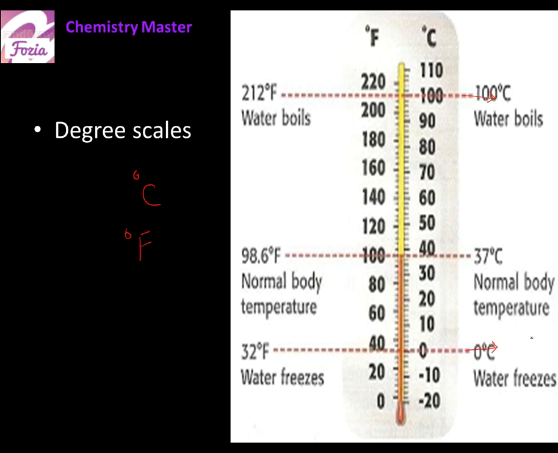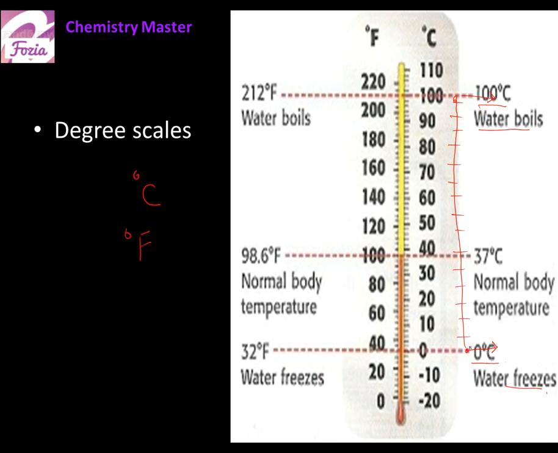For making the degrees Celsius scale, we have divided these two temperatures into 100 divisions. So we assign 0 degrees Celsius for the freezing point of water and 100 degrees Celsius for the boiling point of water, and in between we have divided this difference into exactly 100 portions.